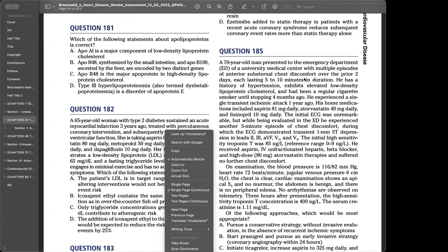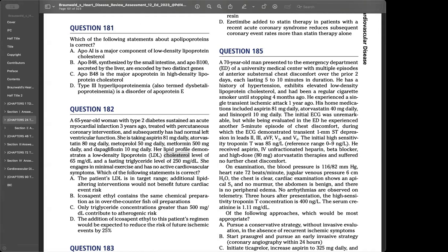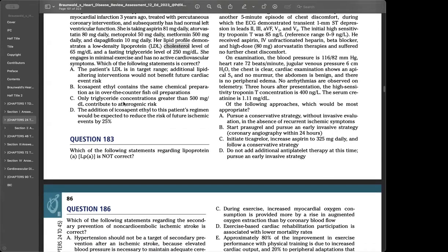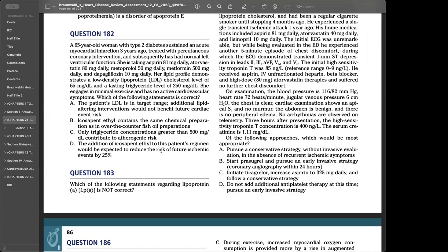So we're starting question 183. Which of the following statements regarding lipoprotein A is not correct?